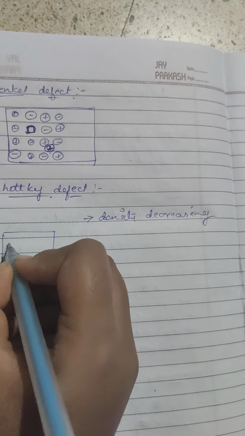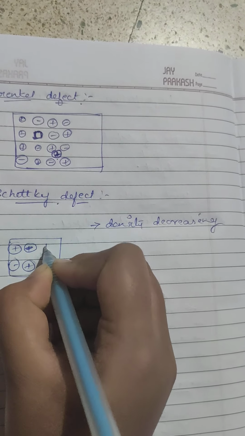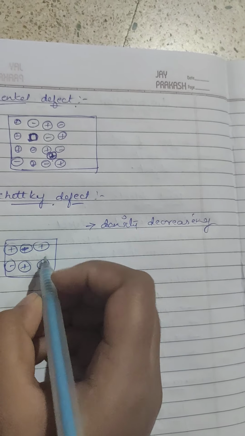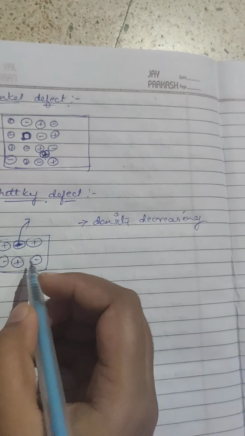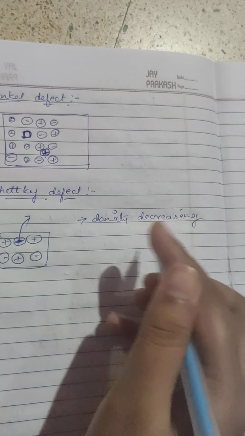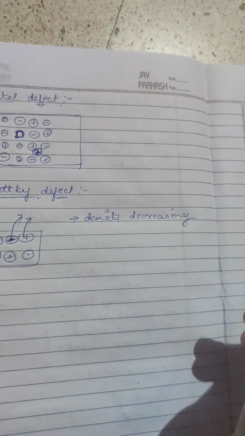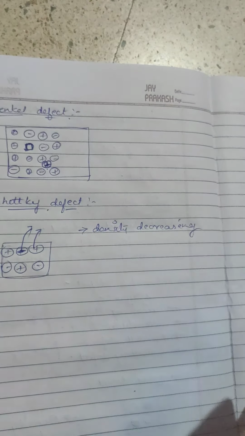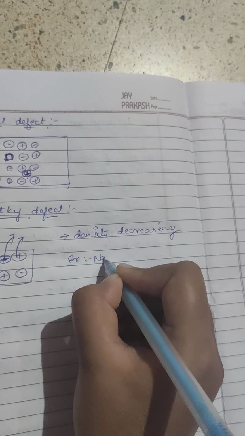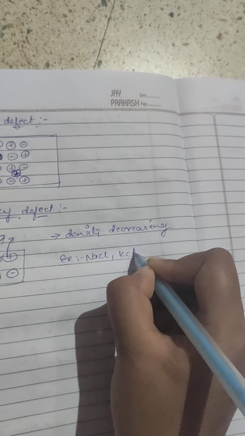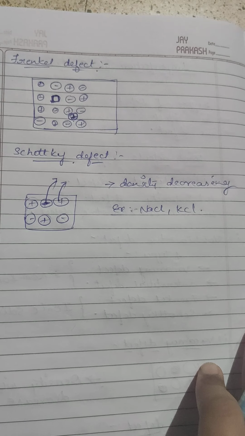Means when you consider an ionic solid, if one atom leaves the solid, the neutrality can't be maintained. So the number of cations and anions leaving will be equal, so that the neutrality will be maintained. We can give examples like NaCl, KCl, etc. So this was about the stoichiometric defect.